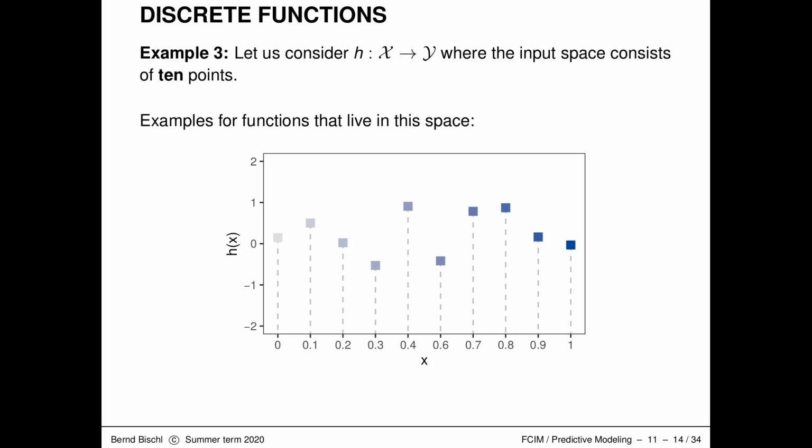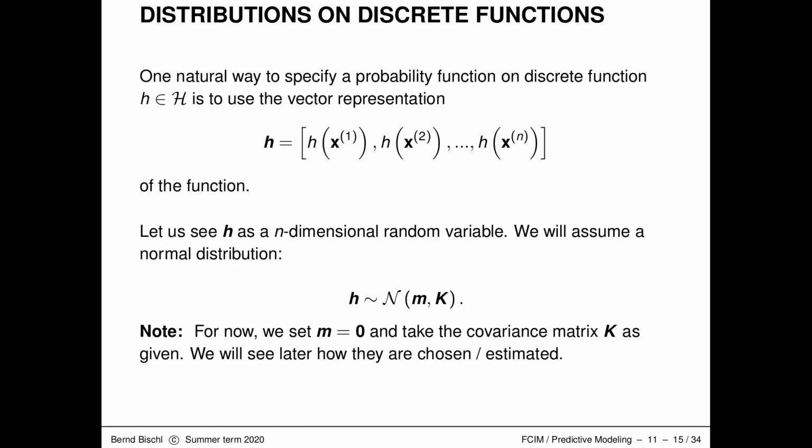Let's stay with these vectors and talk about distributions over such function spaces. How can we specify a probability distribution over such function spaces? Well, that's super simple, because the function is now represented by this finite dimensional outcome vector. The only thing that interests us is to specify how this vector randomly behaves, and to specify a distribution on such a vector.